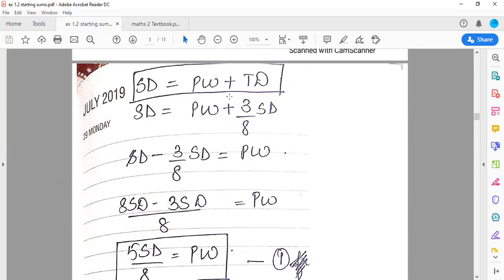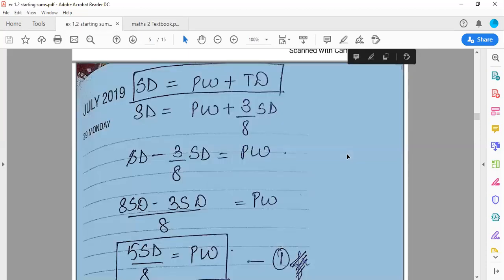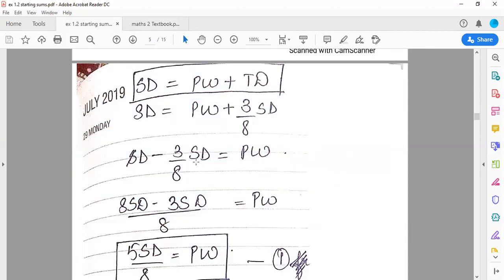SD is equal to PW plus TD. SD is equal to PW plus TD, and for the value of TD I wrote 3/8 SD. Then I told you all to bring like terms together. So plus 3/8 will shift that side and then it will become minus 3/8 SD, which is equal to PW.